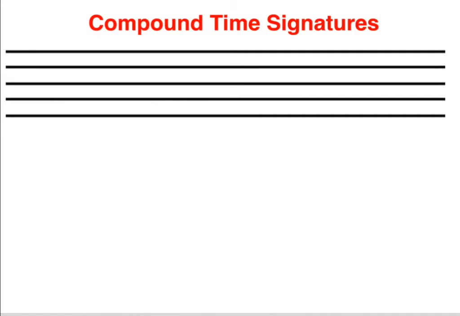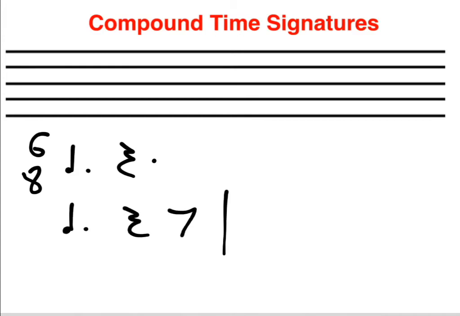So you could have, for example, for a silent beat in 6/8, your first beat sounds as a dotted crotchet, but you want your second beat to be silent. You could write that. But you could also write that as well.